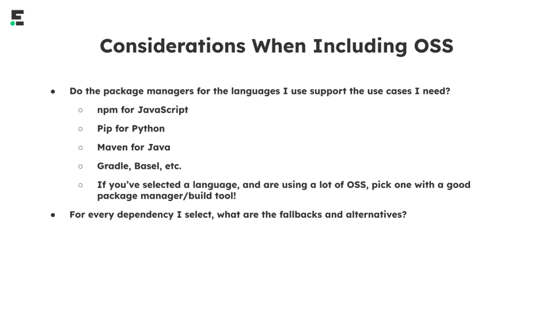The main thing I would say is the language and package manager compatibility, right? If you're going to pick a language and you want to use a lot of open source with that language, pick one that has a good package manager that obviously has a lot of contributors. There are very language-specific package managers. There's NPM for JavaScript, pip for Python, Maven for Java.